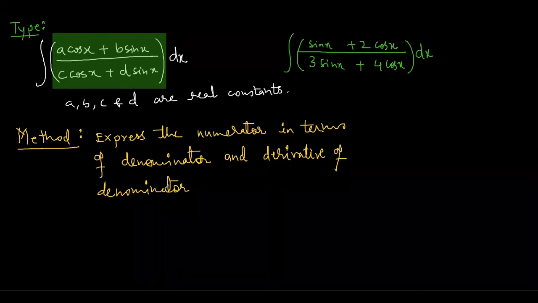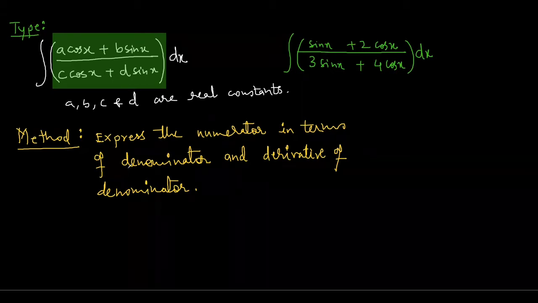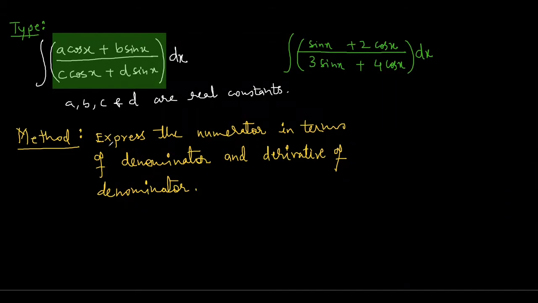So I want you all students to say this statement 2-3 times. Okay, what is the method? The method is express the numerator in terms of denominator and derivative of denominator.